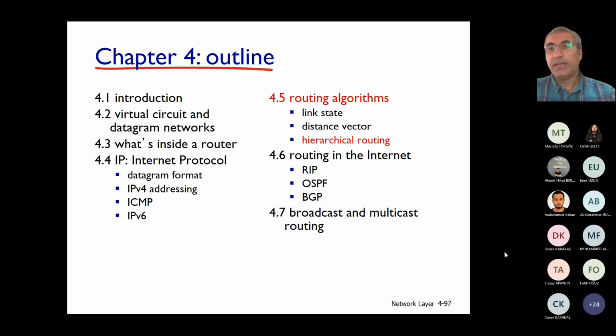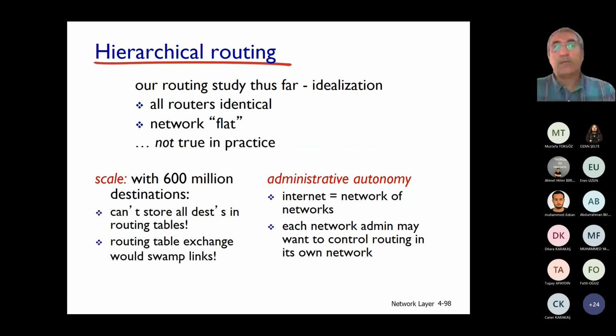Now the next topic is hierarchical routing. These are, of course, theoretical information or background about the routing algorithms in terms of link state and distance vector methods. But in practice, in our routing studies so far, we assume a perfect, ideal case.